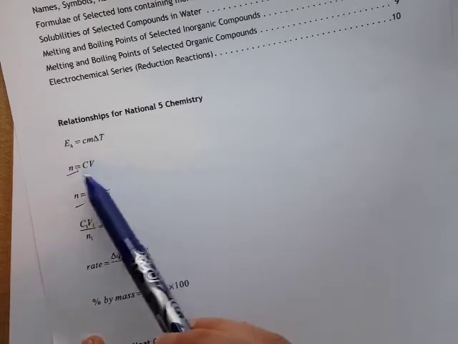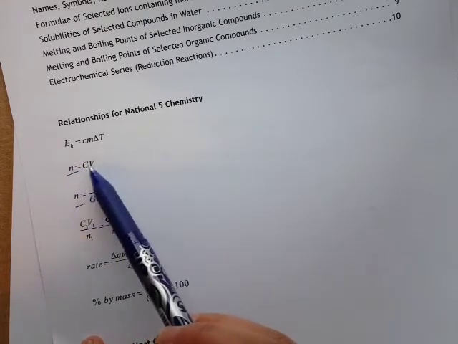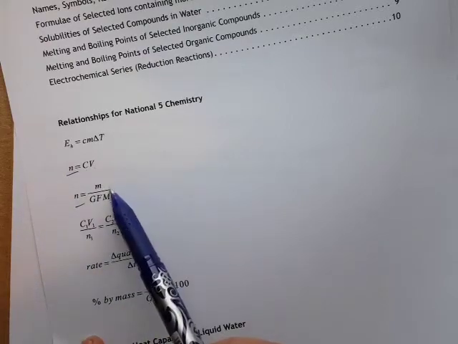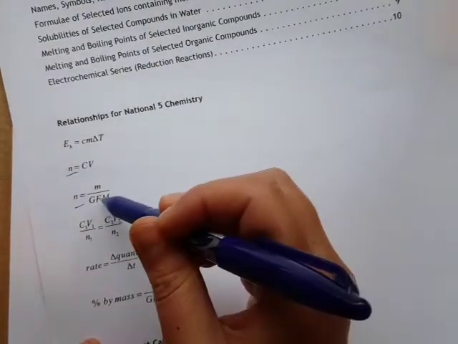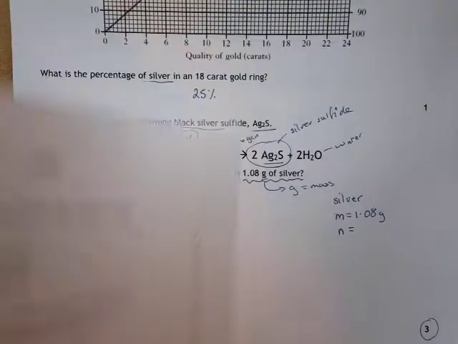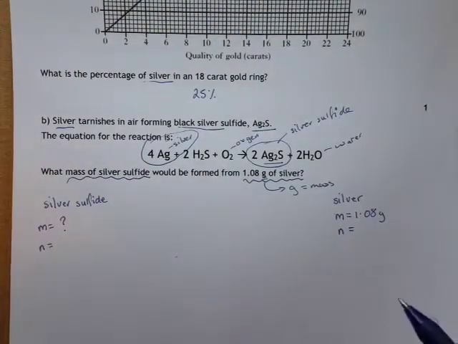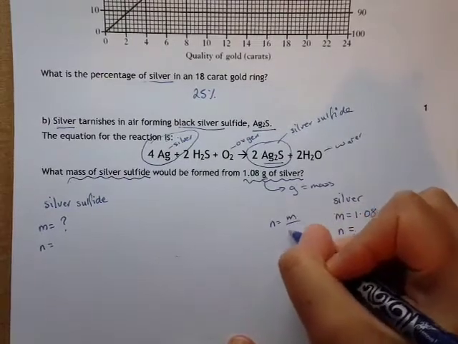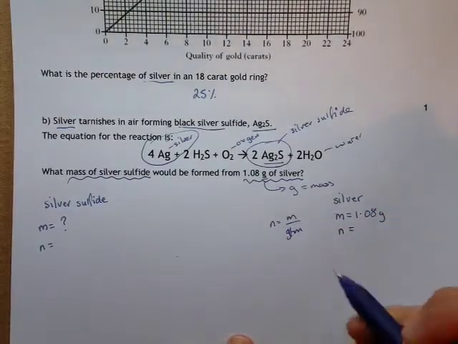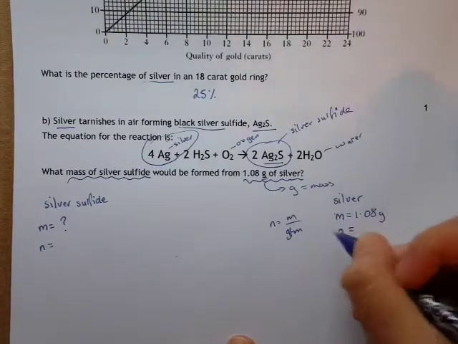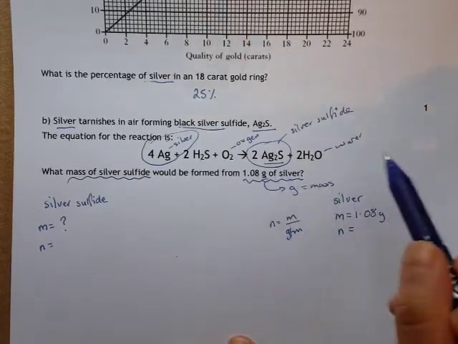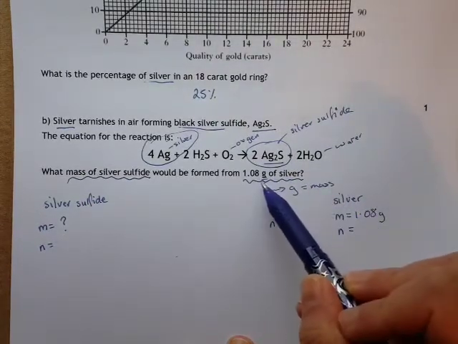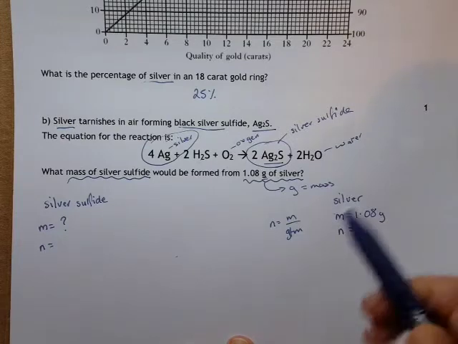Now, the question in this case doesn't say anything about concentrations and volumes, but it does have mass. And you should remember that you can work out the GFM from a formula. So, I'm going to be needing to use n equals m over GFM to work out my number of moles. And I knew that because I'm given information in grams, which is a mass.